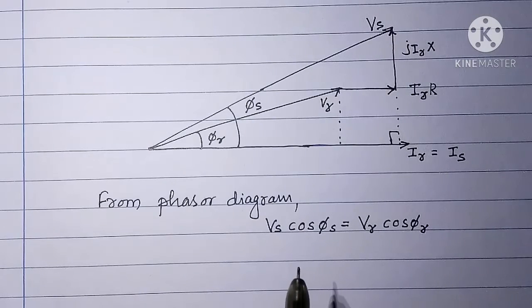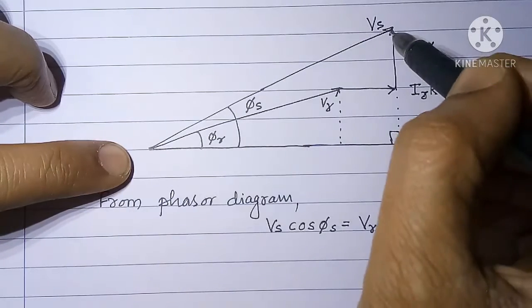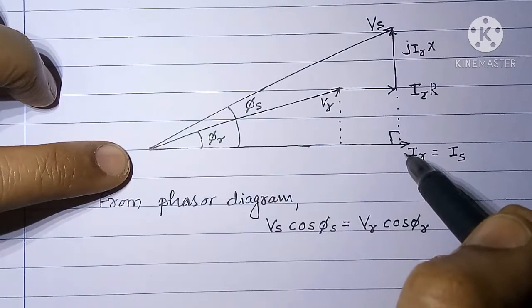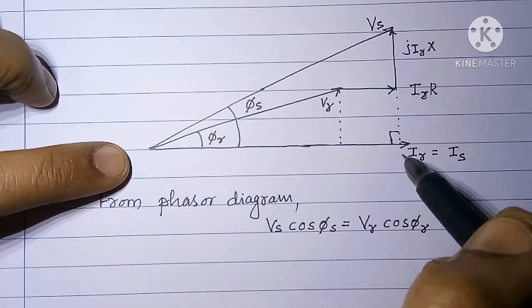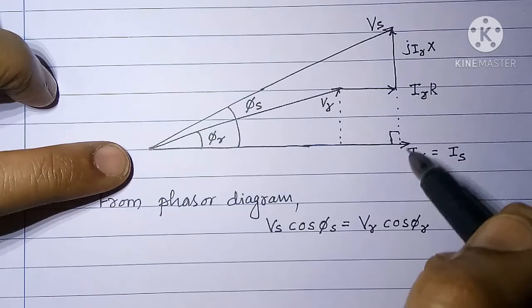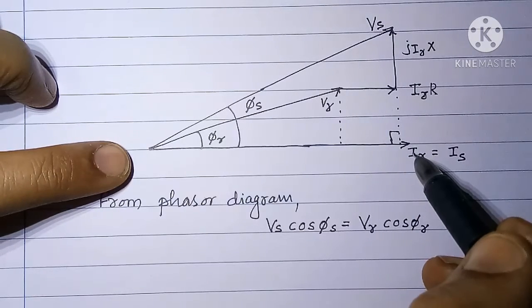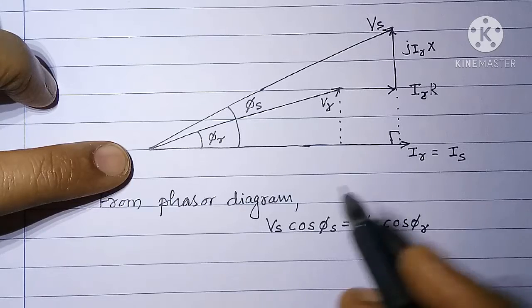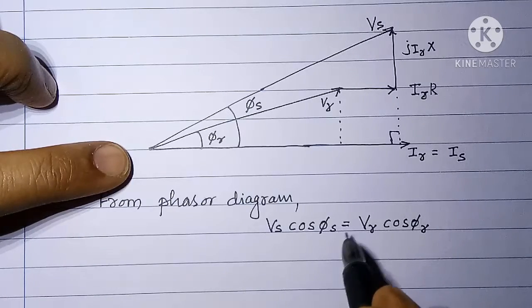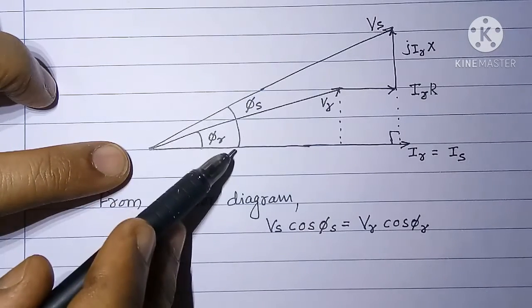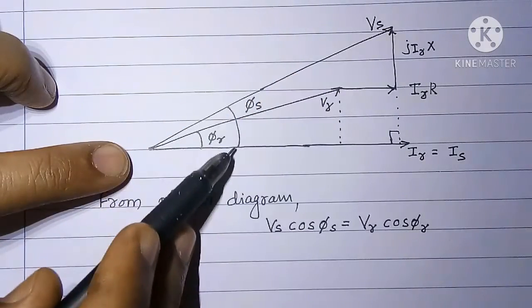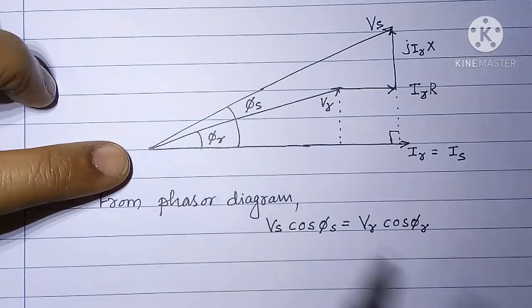Now we have to write the expression for the projection of Vs on IR. The projection of Vs on IR is nothing but Vs into cos phi s, because the angle between IR and Vs is phi s.